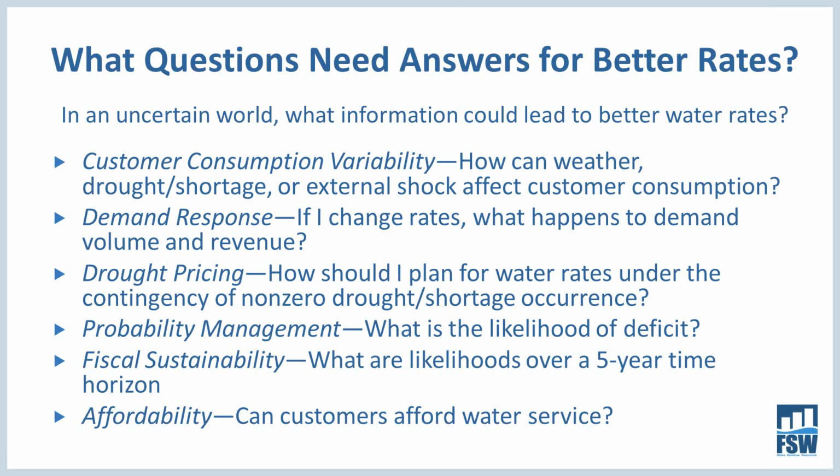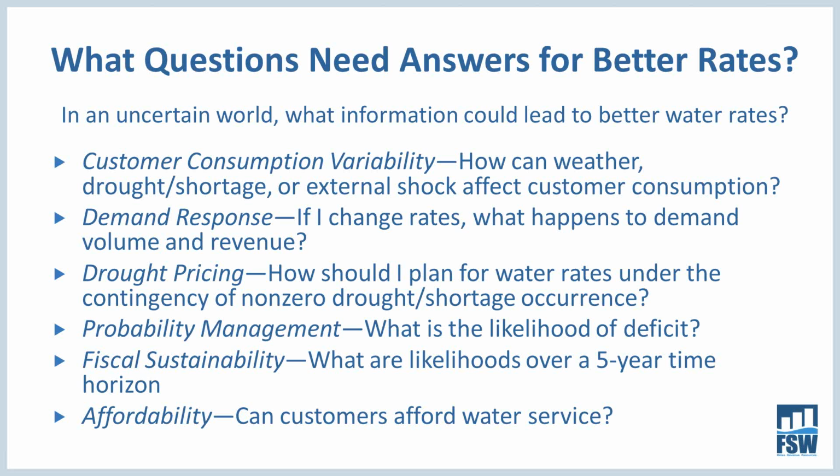We'd like to avoid this. Demand response: if I am going to change my water rates, what will happen to my demand? If the price of something goes up, most customers tend to use less of it. That's known as the law of demand.